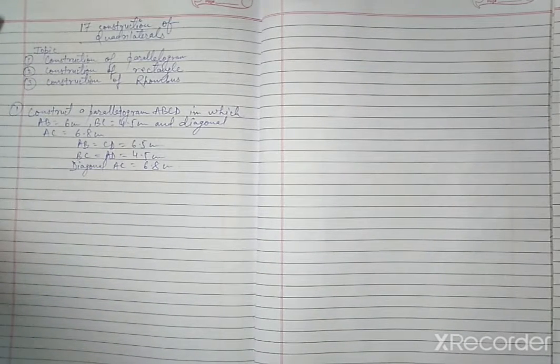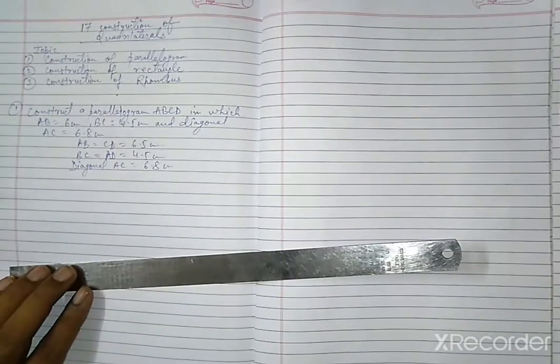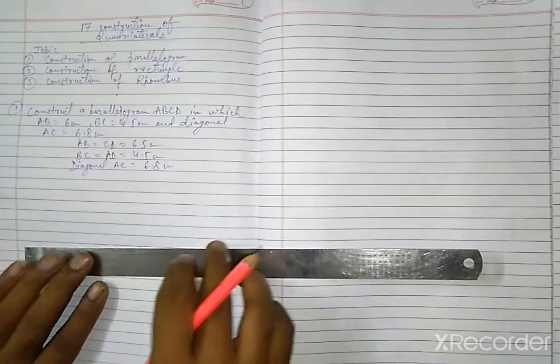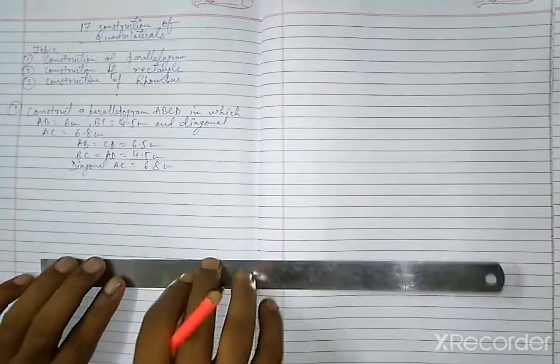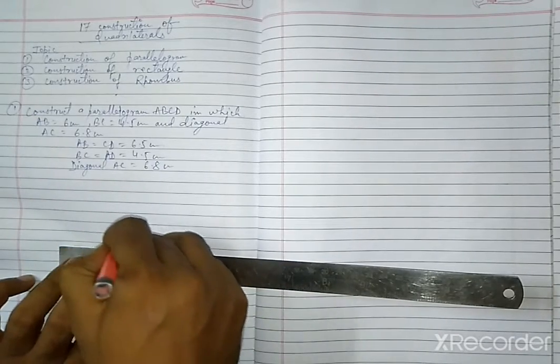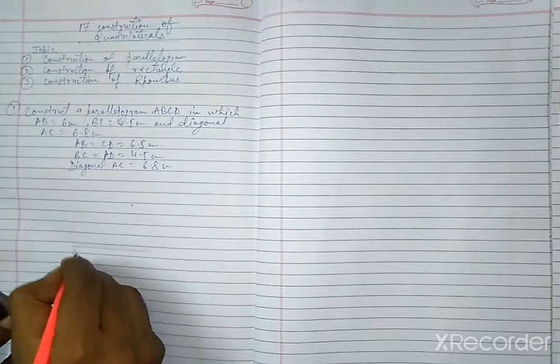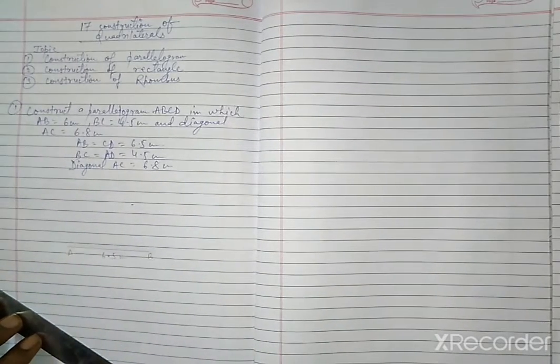So let's start the drawing. First of all, I will draw the base of the parallelogram, that is AB. I will draw AB equals to 6.5 centimeter with the help of scale.